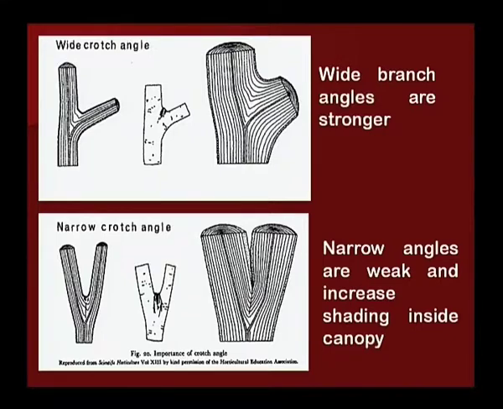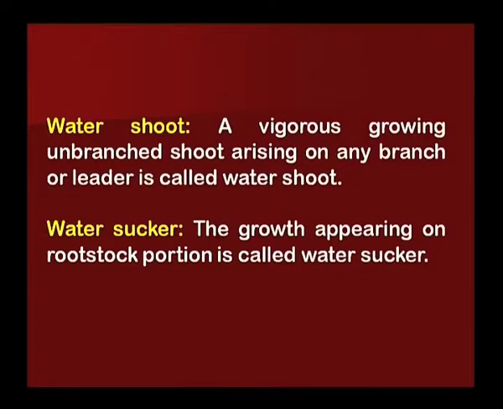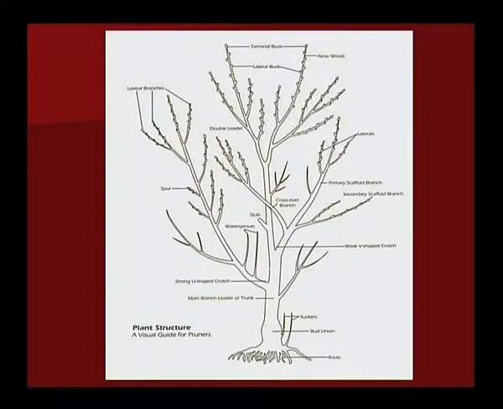Wide branch angles are stronger and narrow angles are weak and increase shading inside canopy. A vigorous growing unbranched shoot arising on any branch or leader is called water shoot. The growth appearing on rootstock portion is called water sucker. This picture shows the plant structure and the various plant parts which we have discussed in the previous slides.